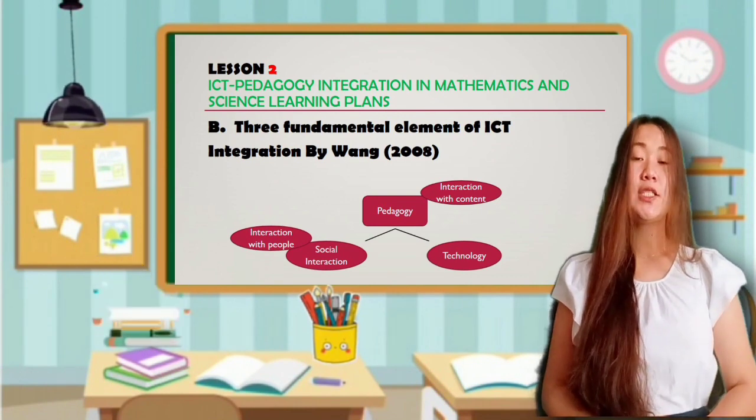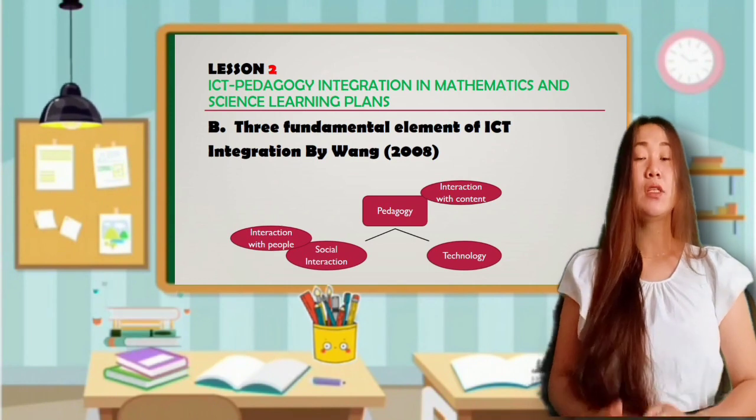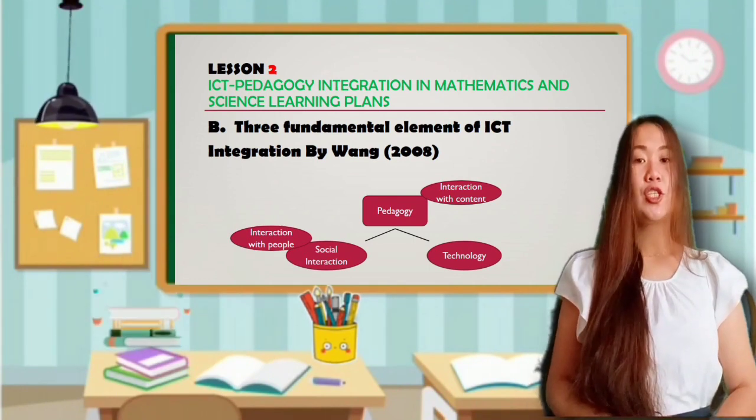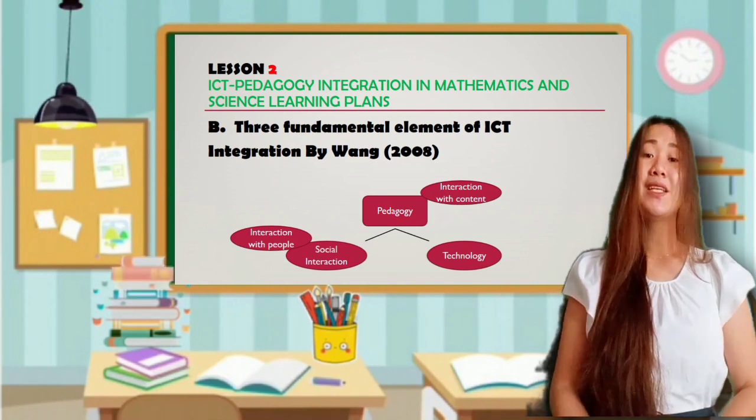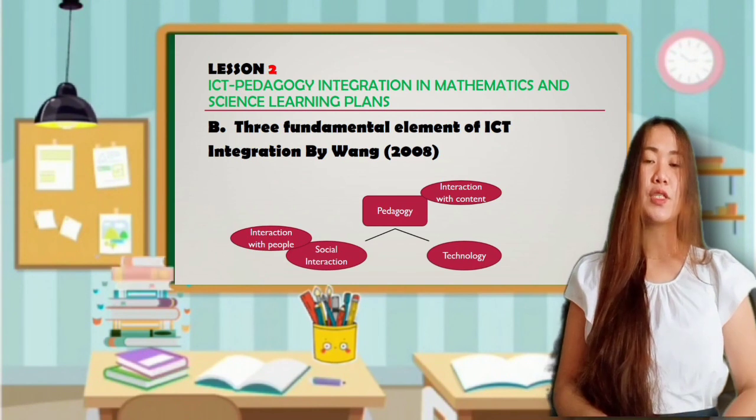Technology is more likely to be a basic condition for an effective integration of ICT. Sound pedagogical or social interaction design very much depends on the availability of technological use.